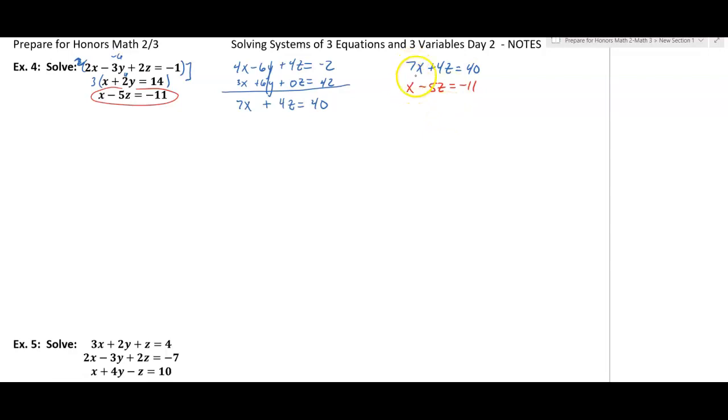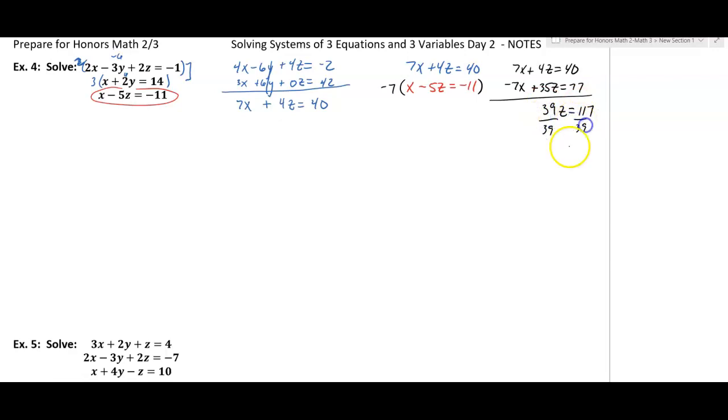Top equation is going to stay the same. The bottom equation, I'm going to multiply by negative 7. So negative 7x plus 35z equals 77. That would give me 39z equals 117.